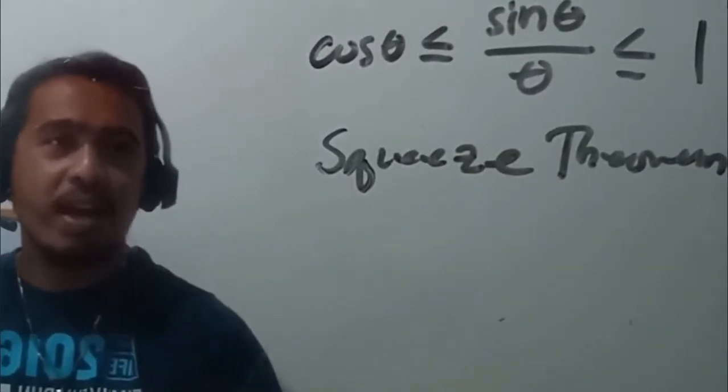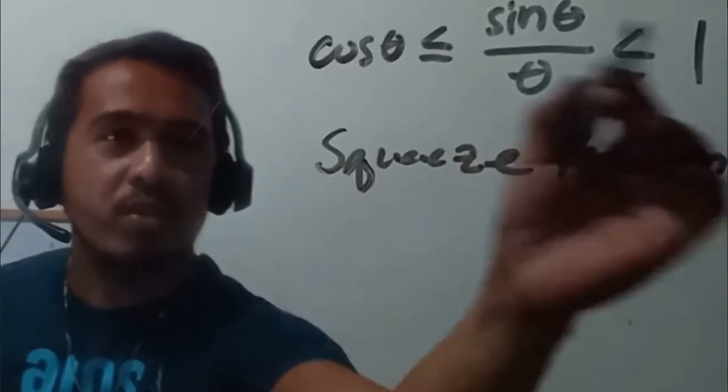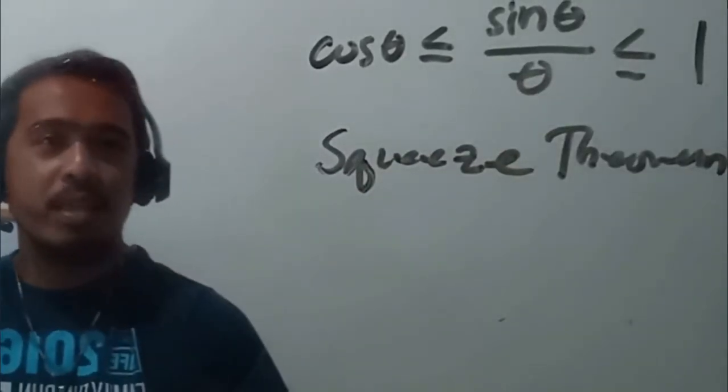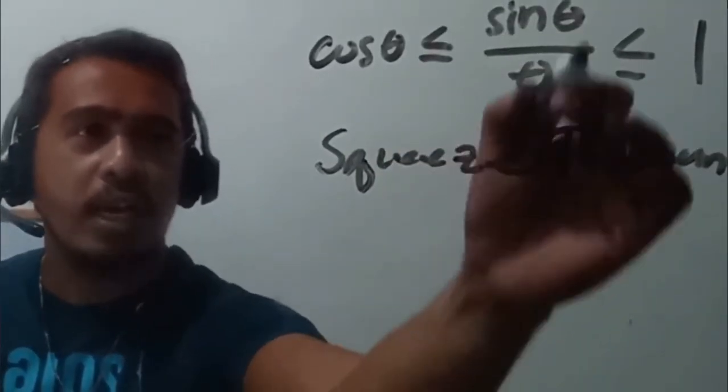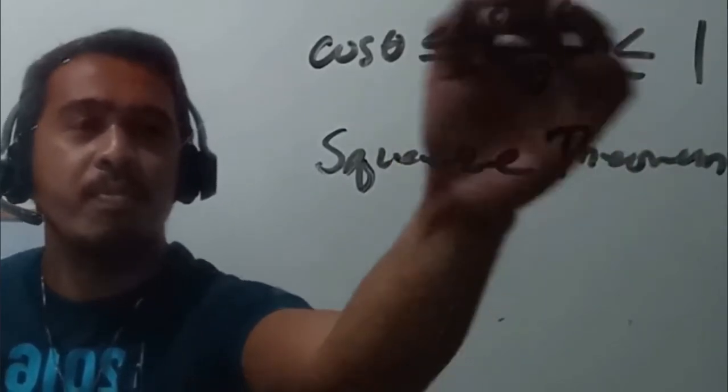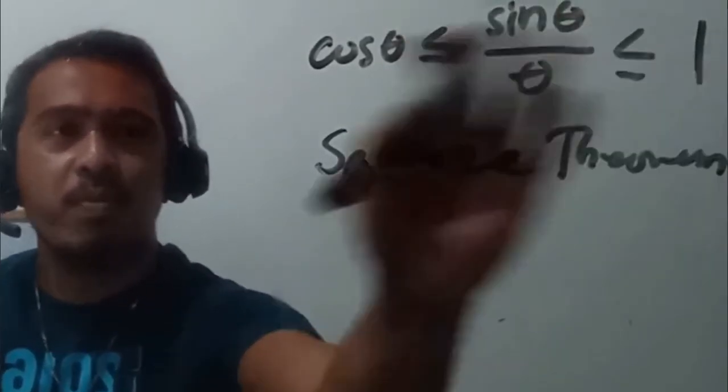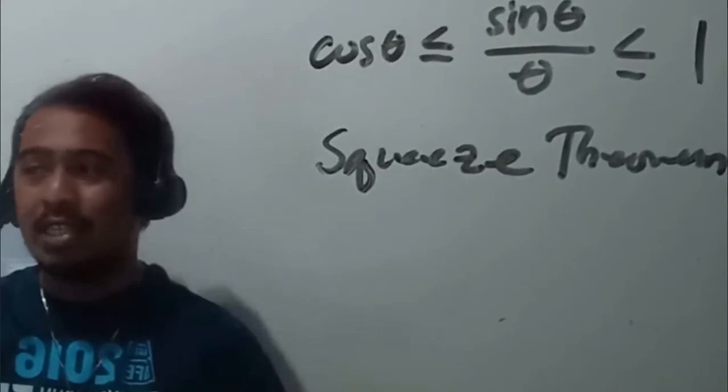So let us try. Maybe the limits of these two are the same. If they are the same, it will automatically tell us that the limit of this is the same as their limit. That is the squeeze theorem.